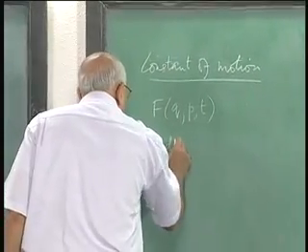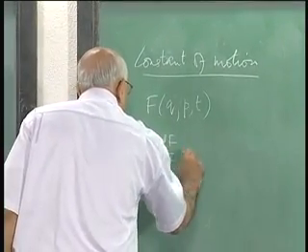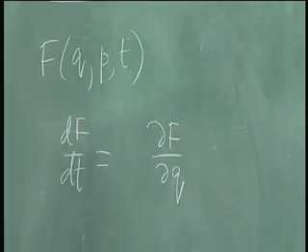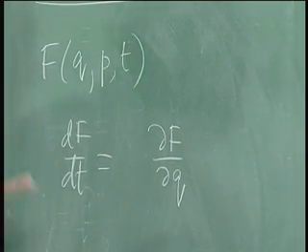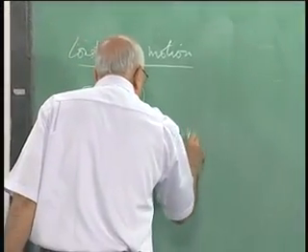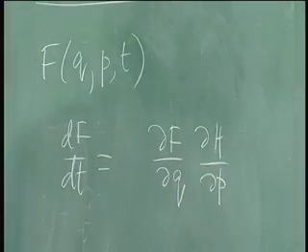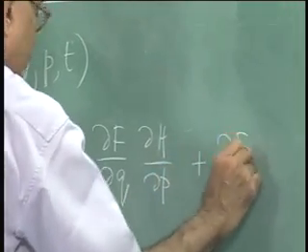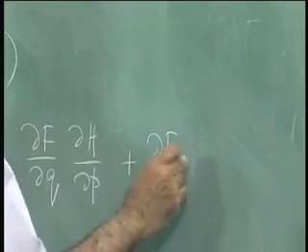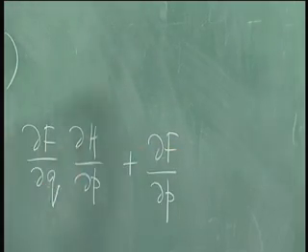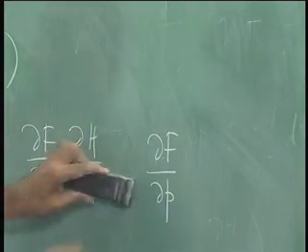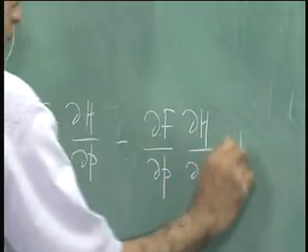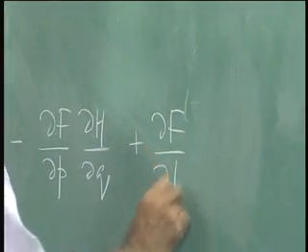It says df over dt equal to delta f over delta q, q dot, but q dot should be replaced by delta h over delta p, because you are on a solution trajectory, plus delta f over delta p times p dot, but p dot is minus delta h over delta q, so there is a minus here, delta q, plus of course delta f over delta t.